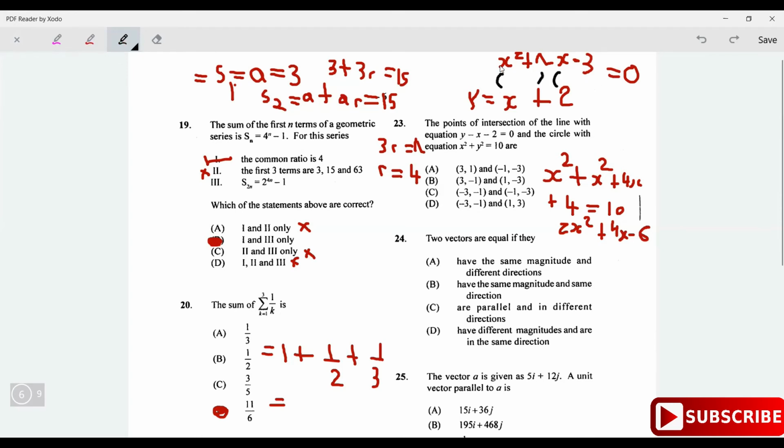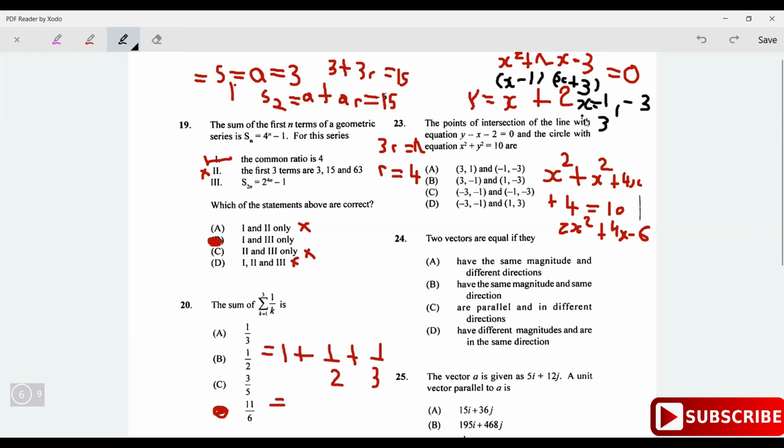What you're going to get is x, x. Signs are different, the product is negative. So you have x plus 3 and x minus 1. That means we're getting x equal 1 or x equal negative 3.